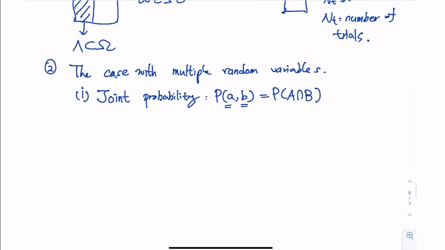I'll try to use a simple diagram to understand that again.